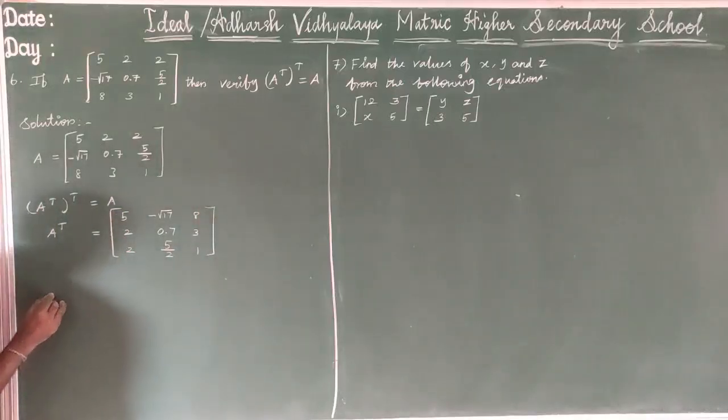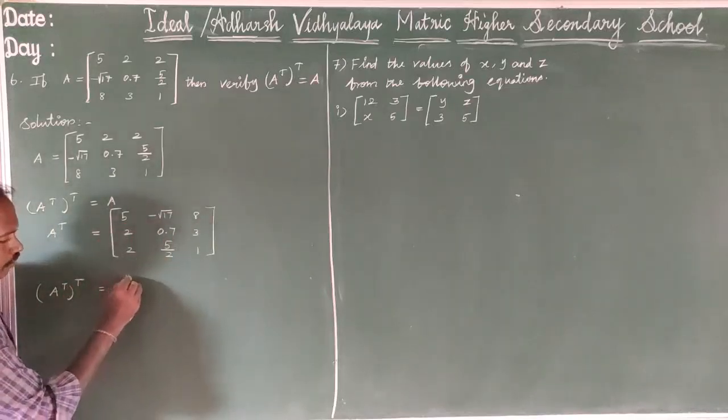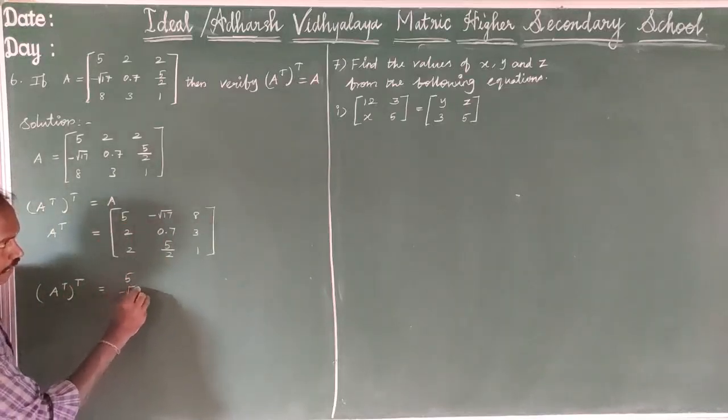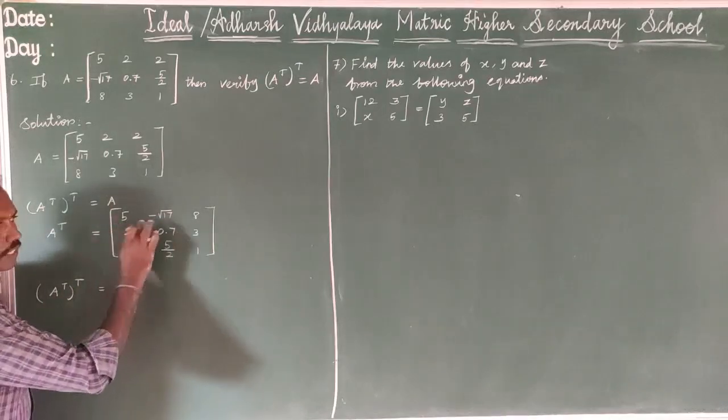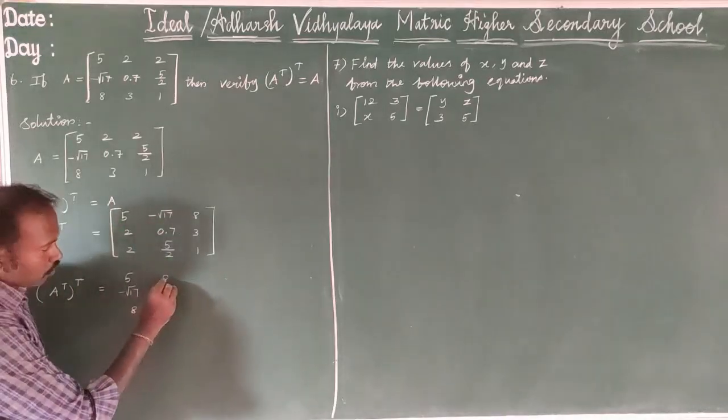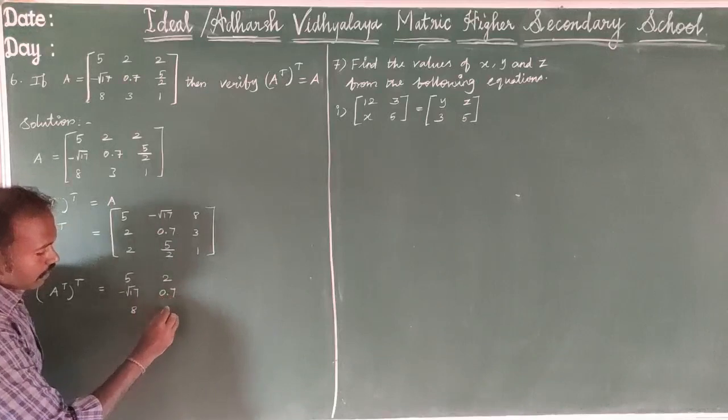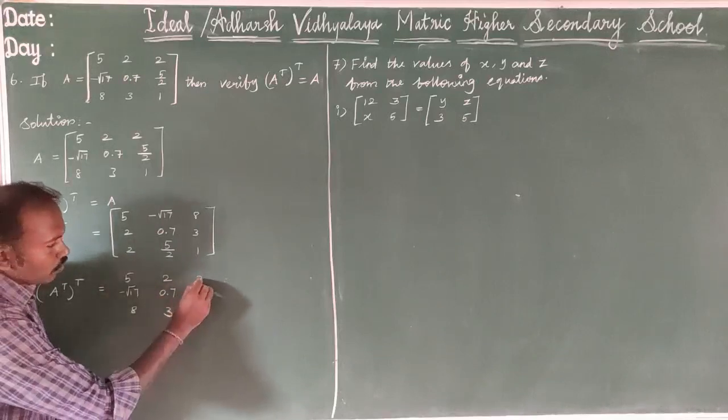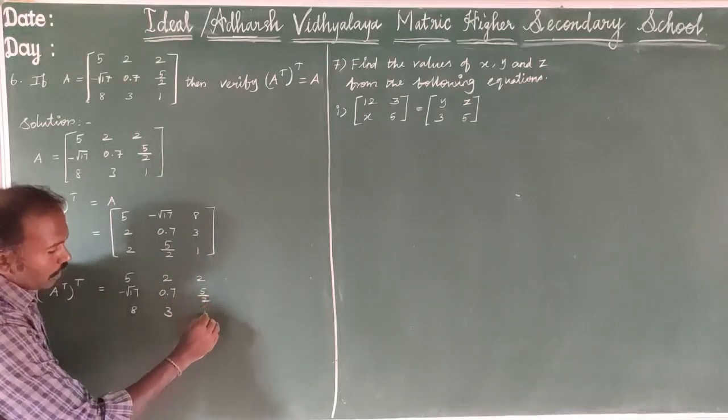Next, A transpose whole transpose is equal to 5 minus root 17 8, interchanging the first row into the first column, then 2 0.7 3, then 2 5 by 2 1.